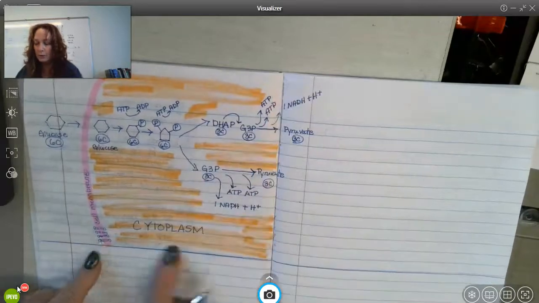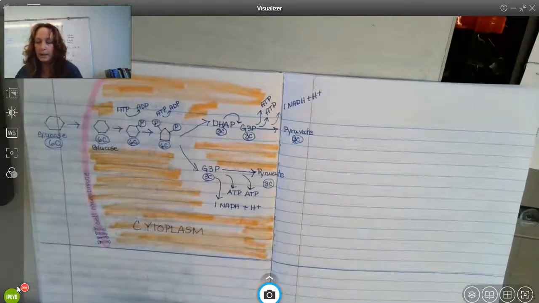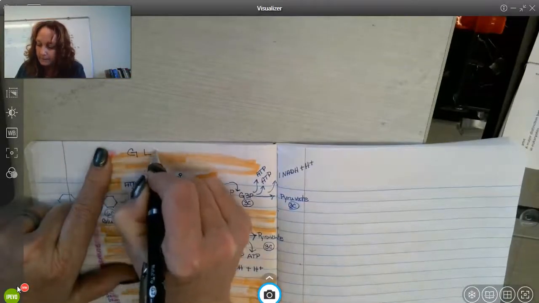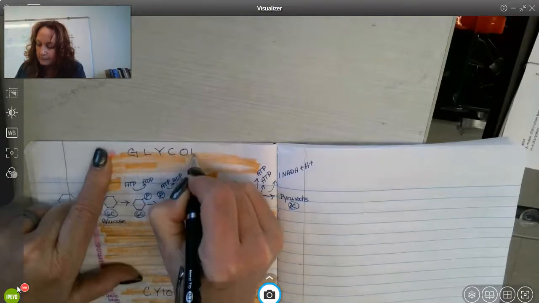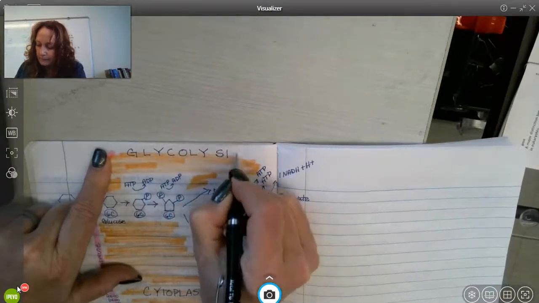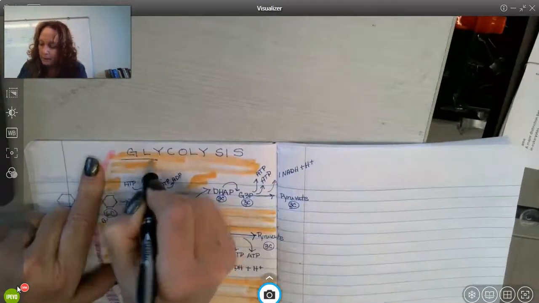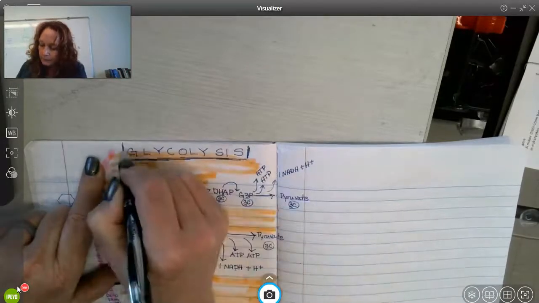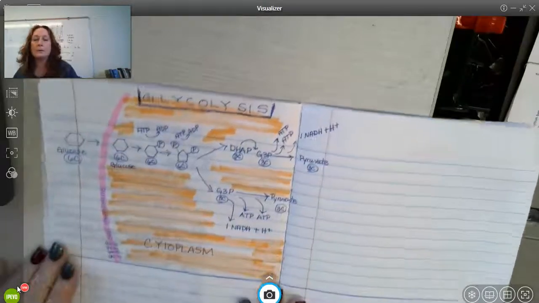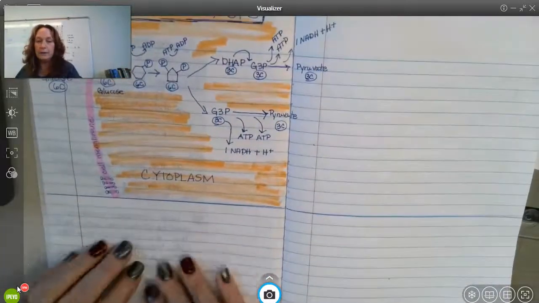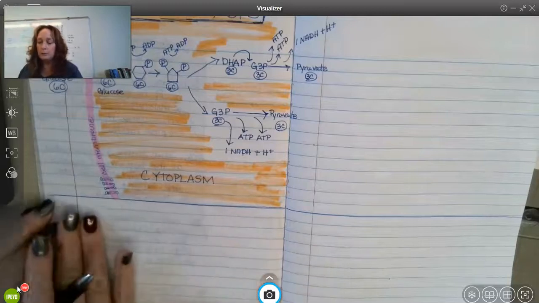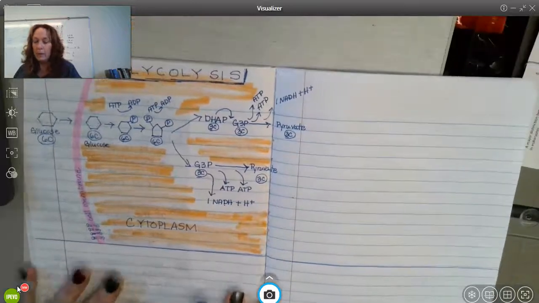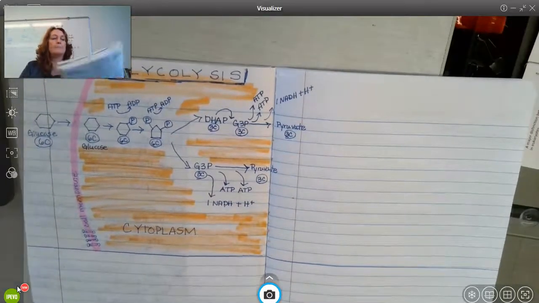This whole process right through here is glycolysis. So I'm going to come up here and write glycolysis. So with glycolysis, we can then later down here figure out what we used, what we gained, all of that down in here. We're drawing. Okay.